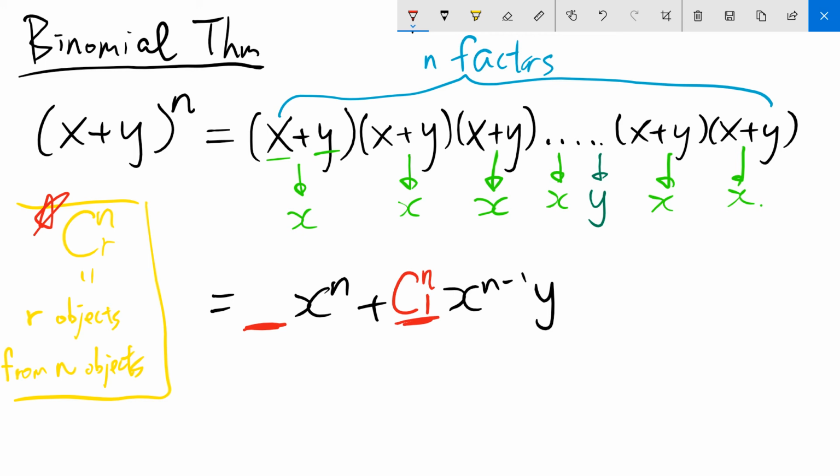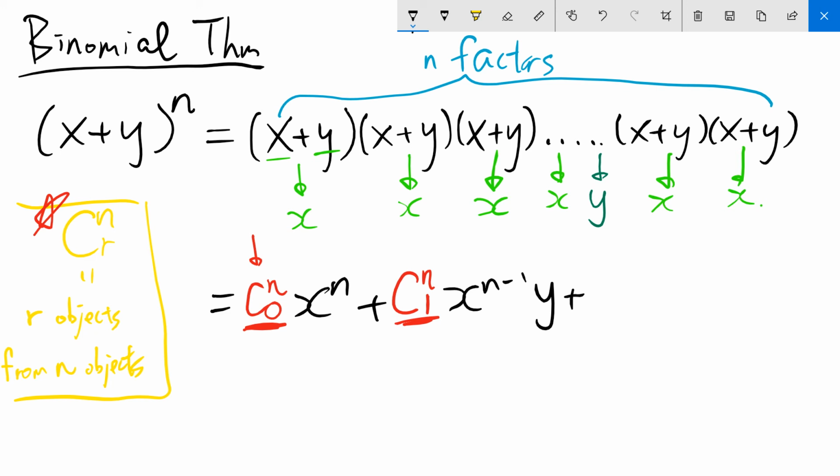So go back to x to power n. Actually we are choosing 0 factors for the y out of n factors. So it is nC0. Okay, now keep going.